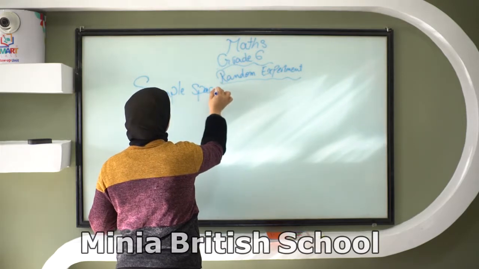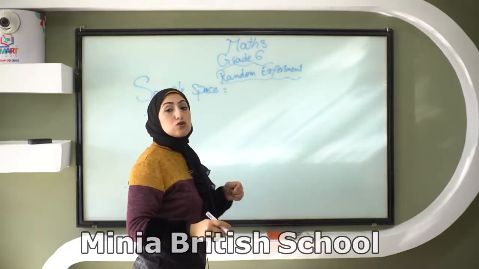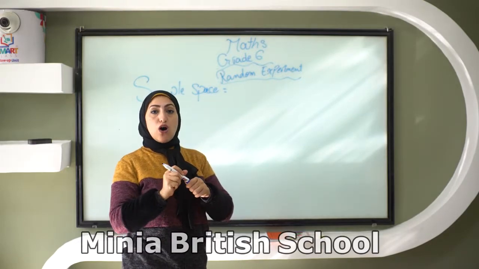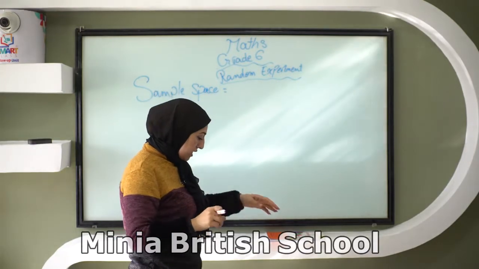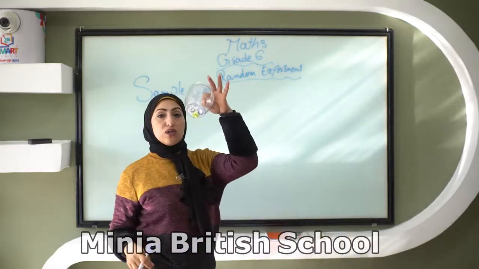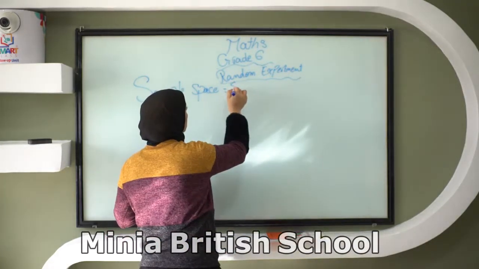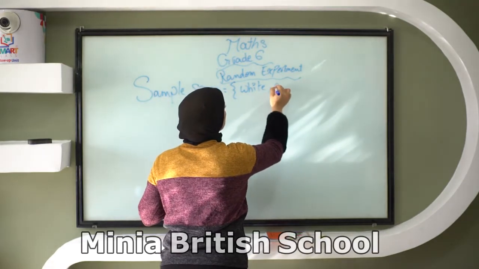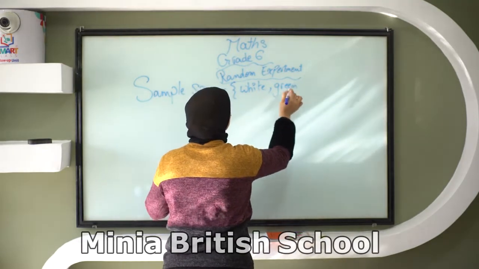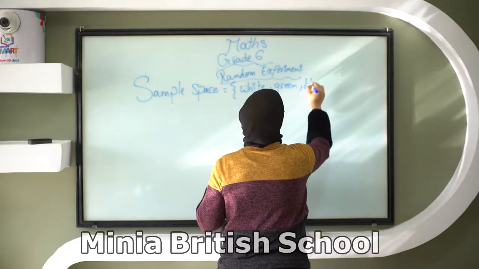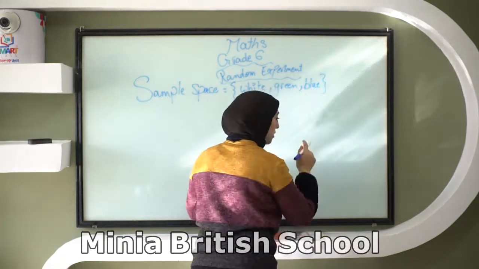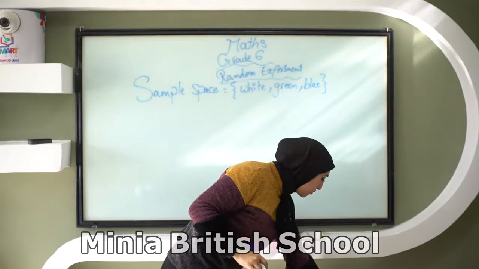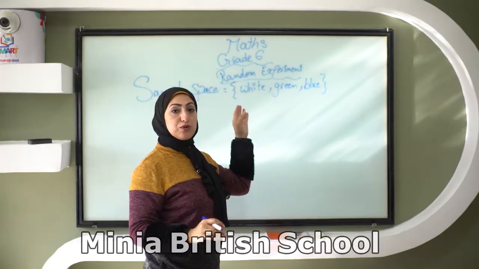Sample space is all the outcomes. Here, what are all the outcomes? White, green, and blue. These are all the outcomes, so this is called the sample space.